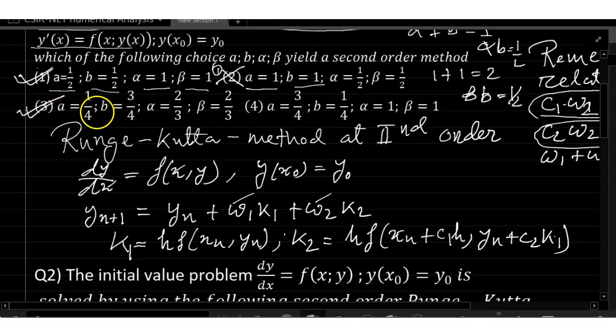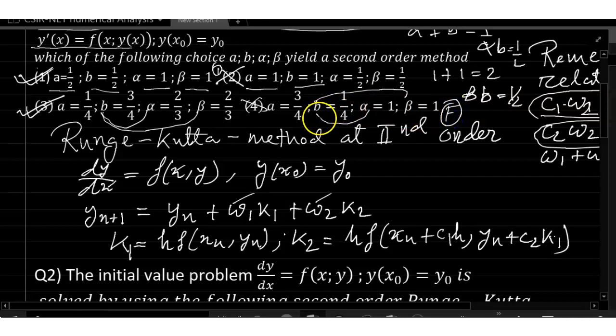I don't need to check a; I check b into alpha. b into alpha should be half, b into beta should be half, and a plus b equals 1. So this option is correct, and the second option is false because b alpha and b beta do not equal half.